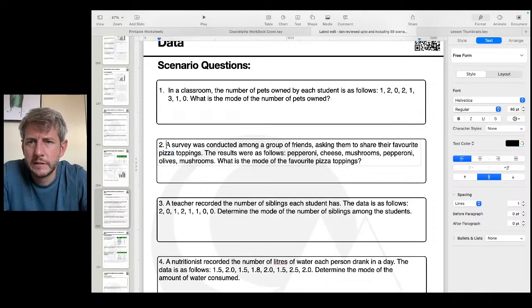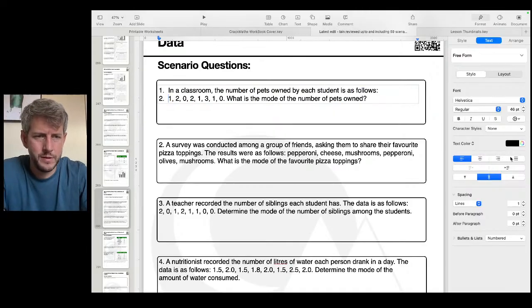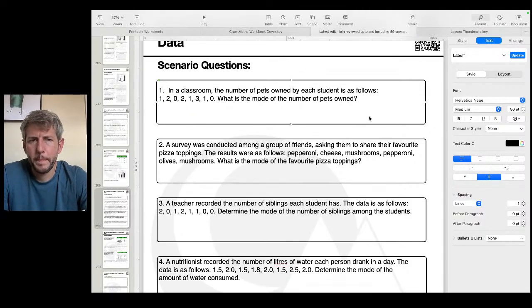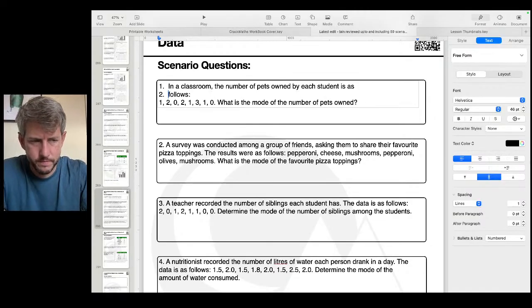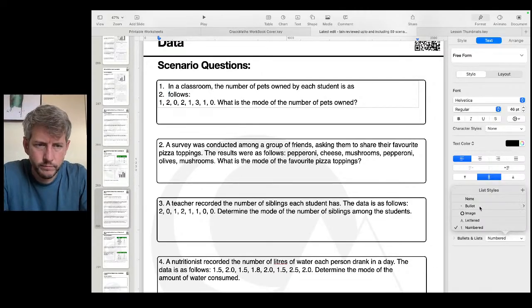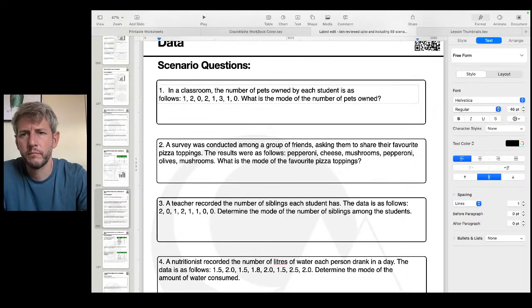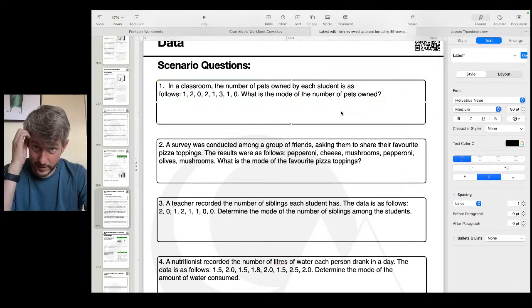Right. Sorry. Maybe I need to just put it there. Maybe that's the solution. Okay, I think that looks the least weird.